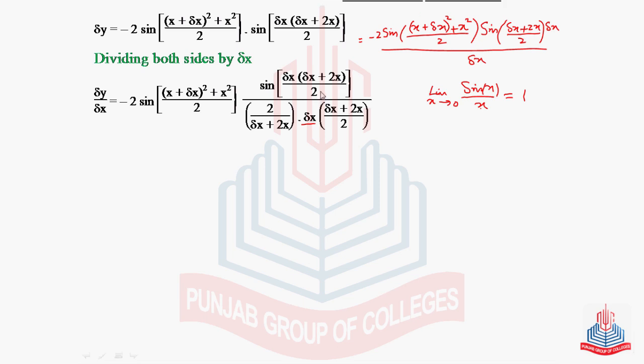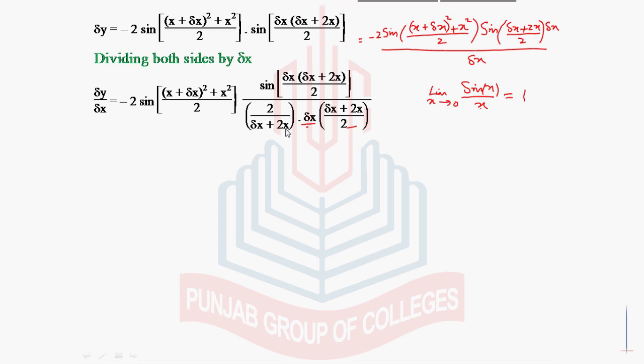So to complete this formula, we have to multiply by delta x plus 2x divided by 2. This is an extra thing to complete this result. But when we apply it here, we must also divide this thing. So this one is actually the reciprocal of this one, 2 over delta x plus 2x.